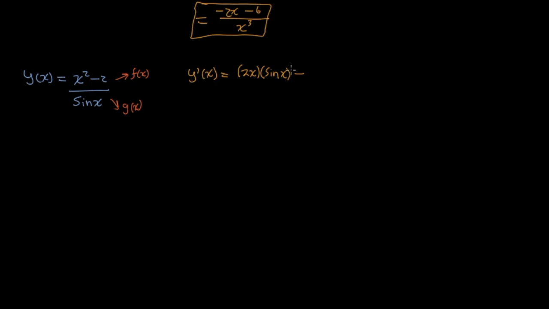The derivative of sine x is just cos x, times the top, which is x squared minus 2, divided by the bottom squared.